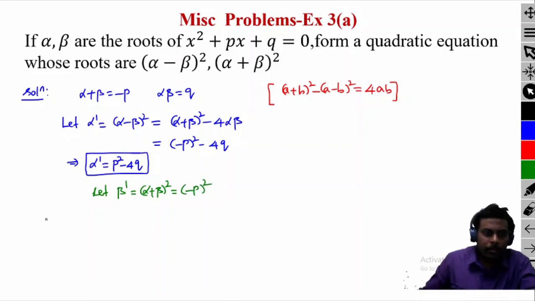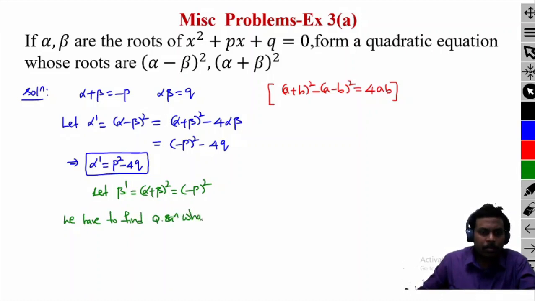Now we have to find the quadratic equation whose roots are alpha minus beta whole square, alpha plus beta whole square. That means we have to find the quadratic equation whose roots are alpha dash, beta dash.